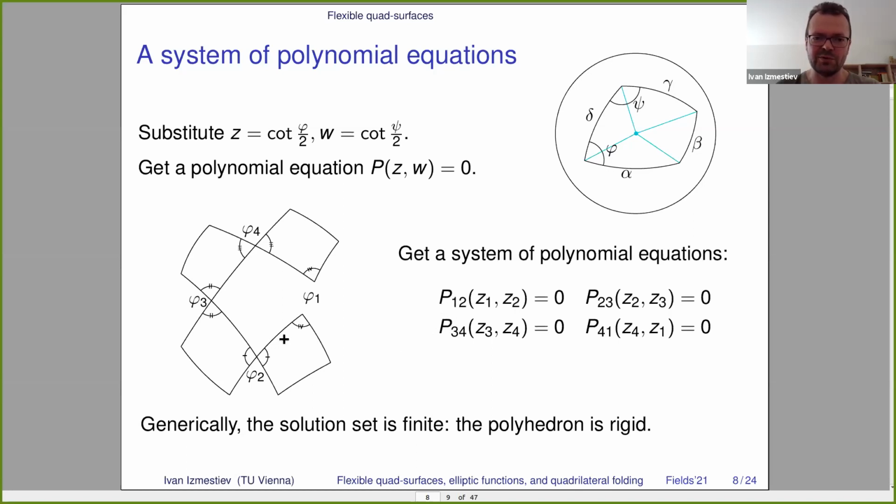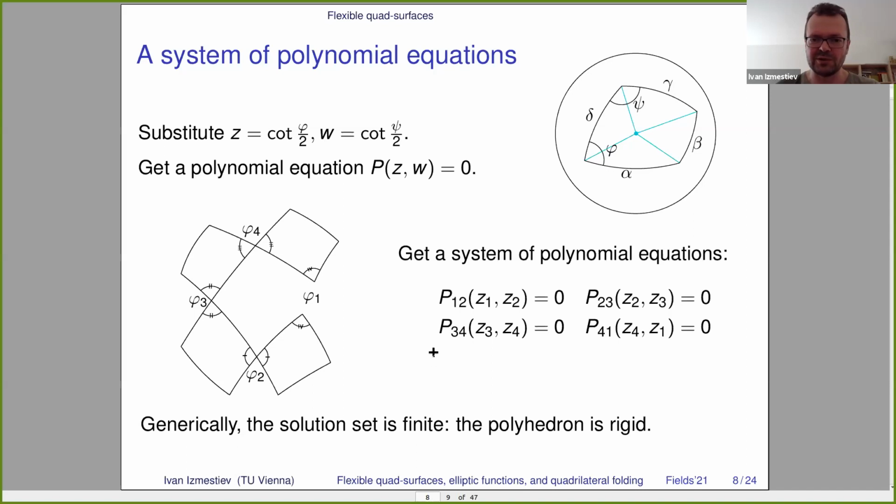The first polynomial depends on Z1, Z2, the second on Z2, Z3, the third involves Z3, Z4, and then finally Z4, Z1. And the flexibility condition is that this system of 4 equations and 4 variables has a 1 parameter family of solutions, which happens only in exceptional cases.